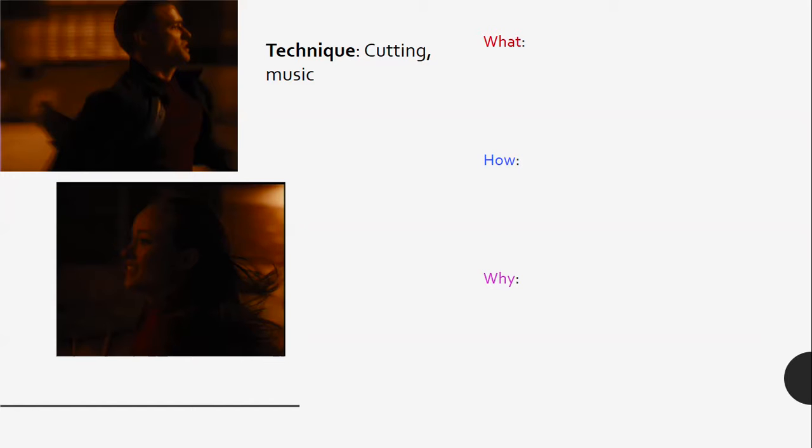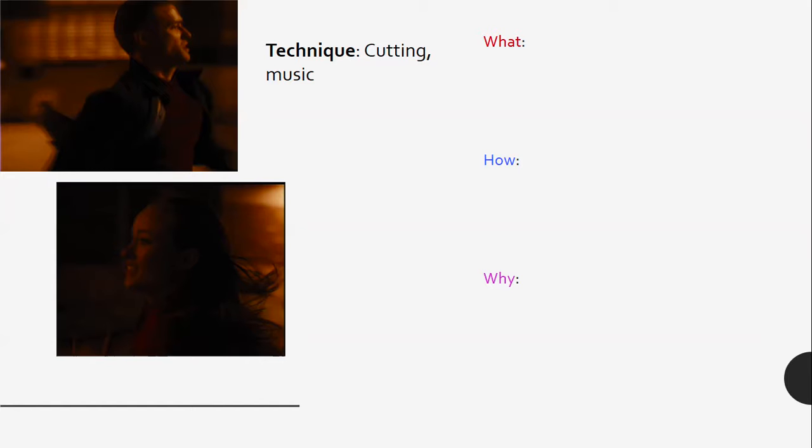So I've come to that conclusion because of how it's being shown. First of all, the cutting, when the camera's going to Will and Rachel, it builds this real tension, because we're thinking, is she going to make it? That cutting builds that tension. But the music is incredibly sad. It's not light-hearted.